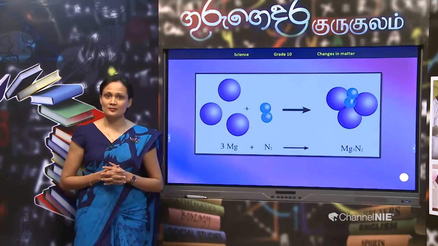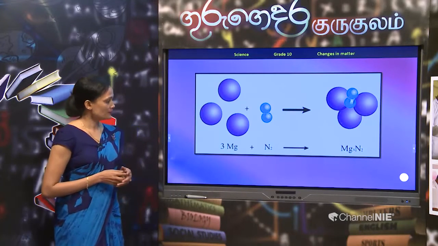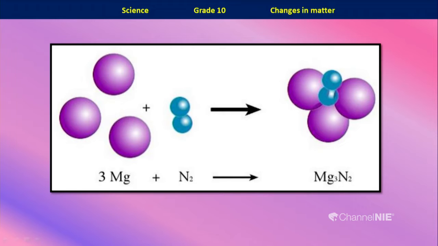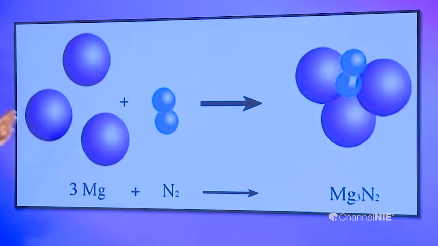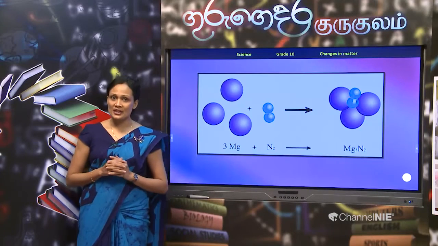Look at this picture. In here, the reaction between magnesium and nitrogen is given. That means magnesium reacts with nitrogen and forms a single product, magnesium nitride. The two reactants are reacting and form a single product. That's why this reaction belongs to chemical combination reactions. So likewise, there are some other chemical combination reactions.